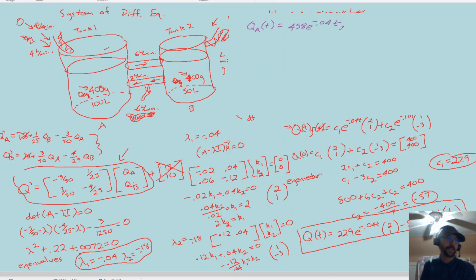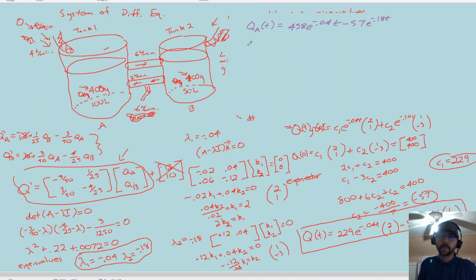I'm rewriting it anyway. I didn't realize I wrote it behind my camera. So I took care of that too. So negative 57 times 1 is negative 57e to the negative 0.18t.